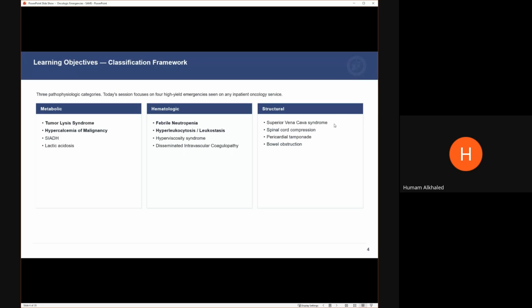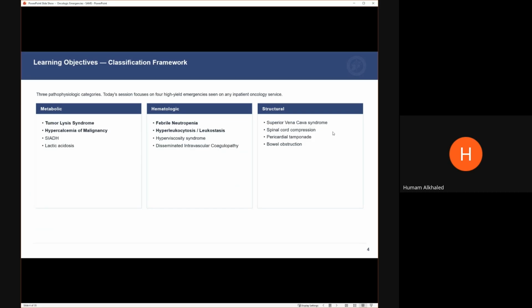Hematologic emergencies are febrile neutropenia, hyperleukocytosis, hyperviscosity, DIC, or disseminated intravascular coagulopathy, especially in acute promyelocytic leukemia, but that's not something we will talk about today. And there's structural: superior vena cava syndrome, spinal cord compression, tamponade, and bowel obstruction.